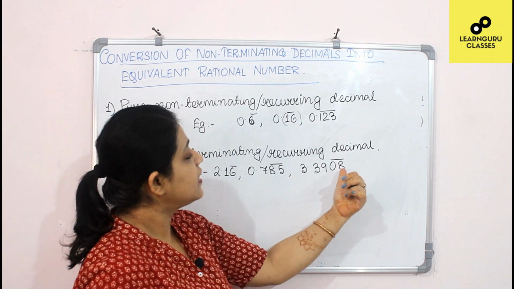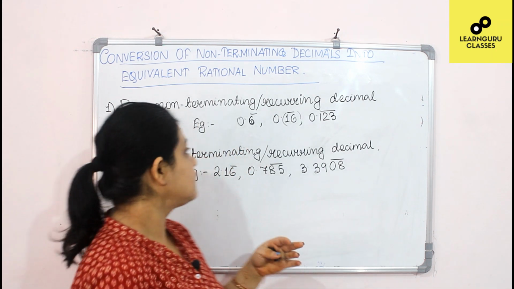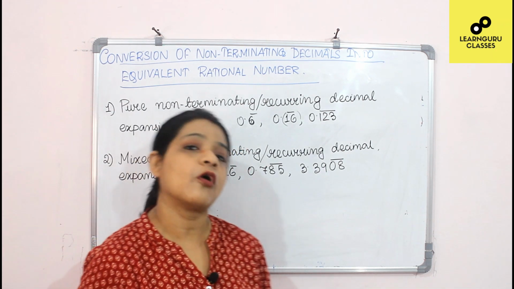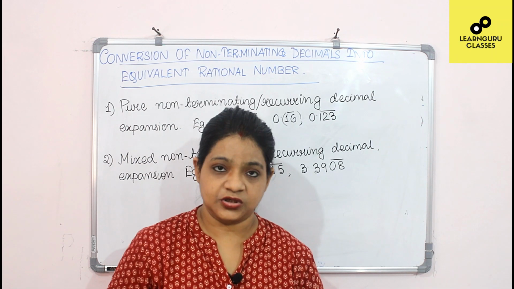In 3.3908, 08 is being repeated. So in this way there are two types of non-terminating repeating or recurring decimal expansions.